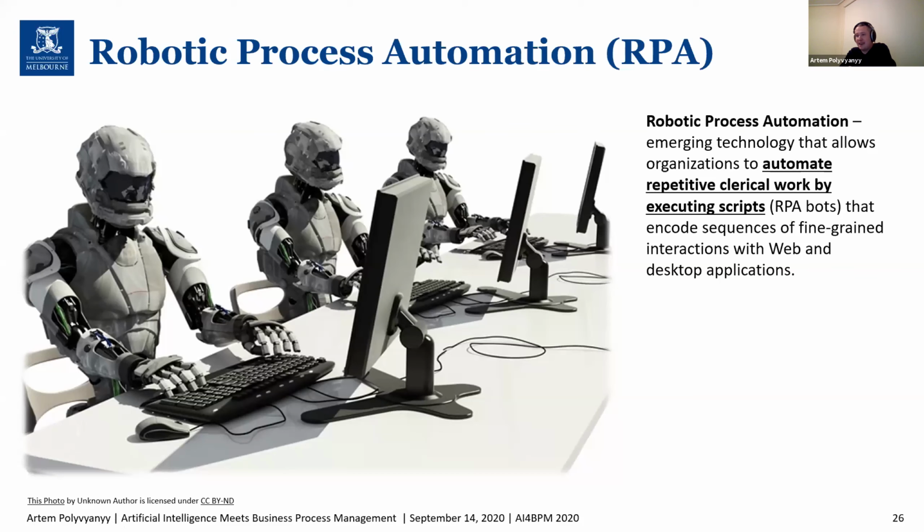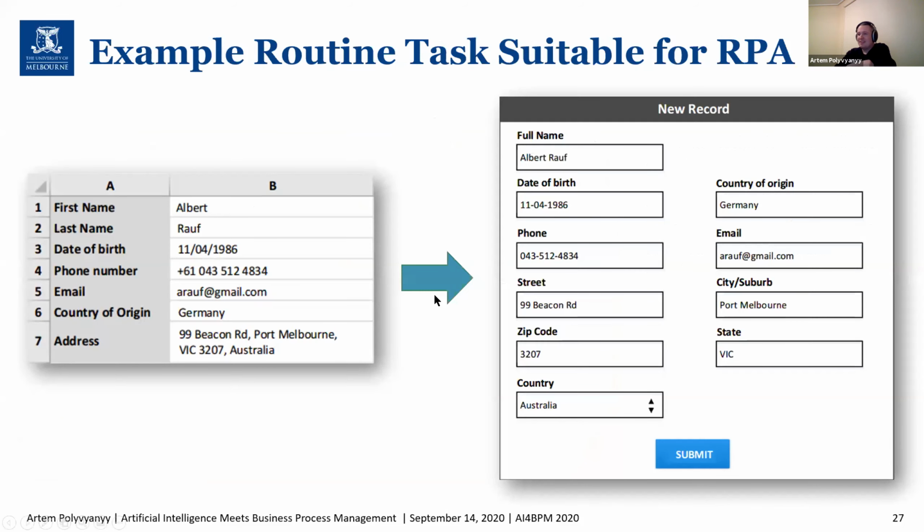So RPA, robotic process automation, automates repetitive clerical work by executing scripts, also called RPA bots. So what can that repetitive clerical work be? For example, transferring data from one system to another, from an Excel form to a web form.